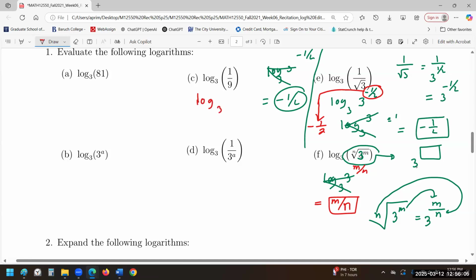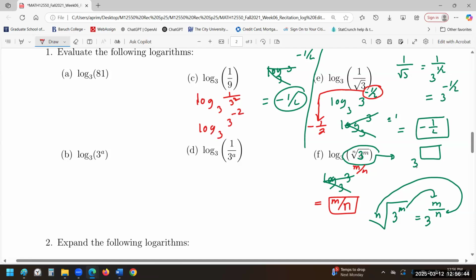So we have log base 3 of 1 over 3 squared. Can we rewrite 1 over 3 squared as 3 to some power? That's our goal. Negative 2. So it's log base 3 of 3 to the negative 2 power.